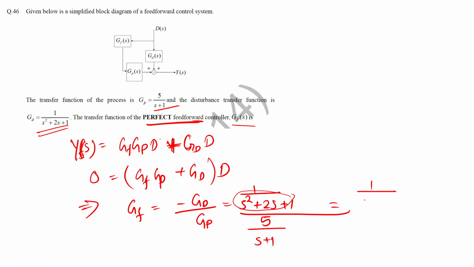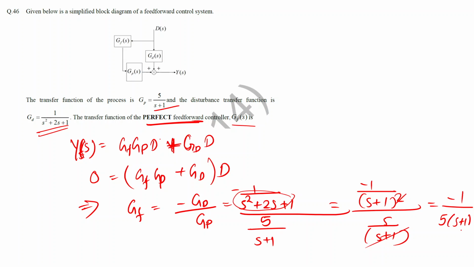So we can replace the denominator as s plus 1 whole square upon 5 upon s plus 1. This will get cancelled out, and we get the value as minus 1 upon 5s plus 1.